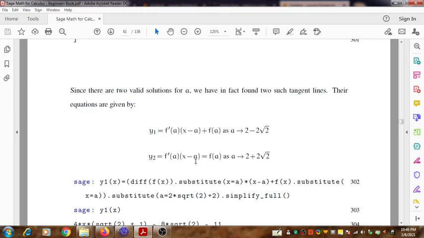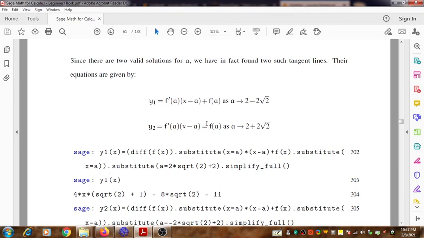So this is a mistake actually. That symbol must be replaced by plus.